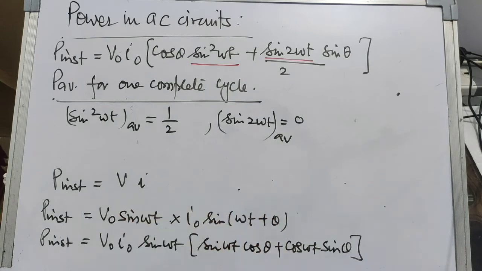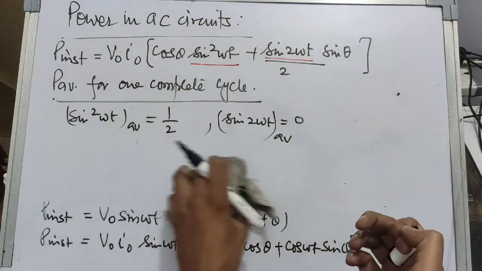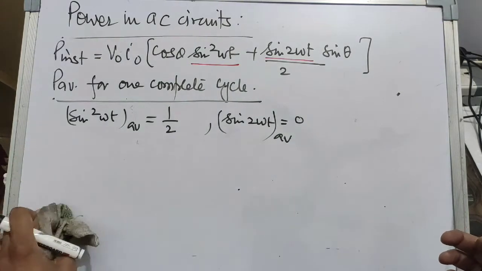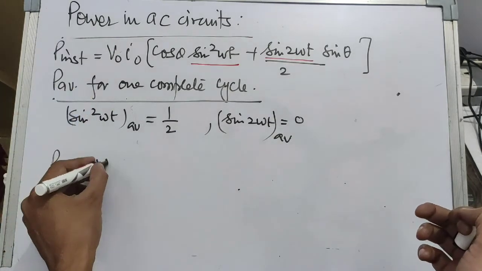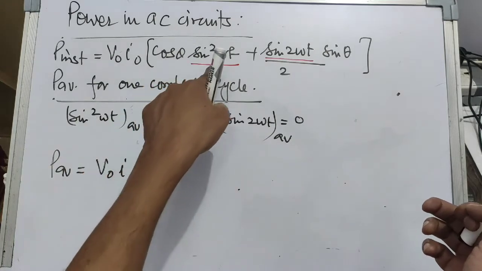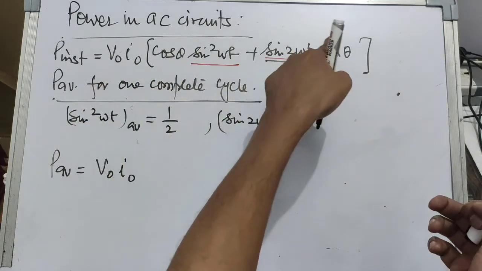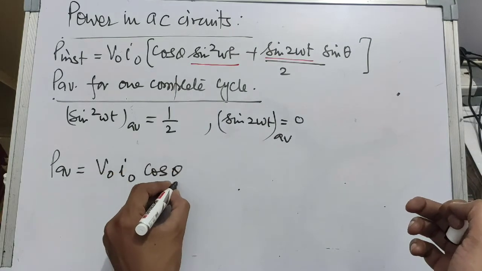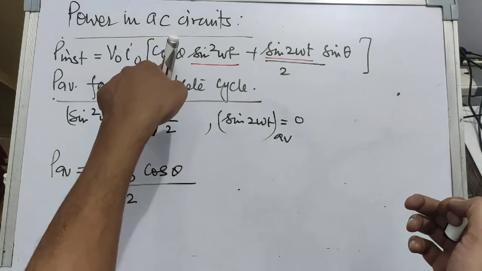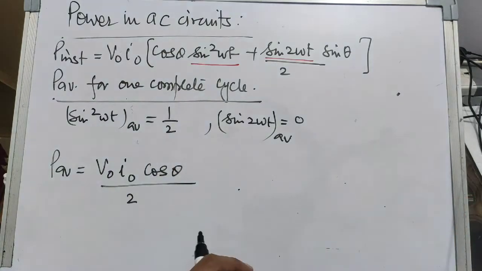So the average power consumed in one complete cycle in an AC circuit is given by P average equals V naught into I naught, the sine 2 omega t term becomes 0, so it is simply cos theta, and the average value of sine square omega t is half.